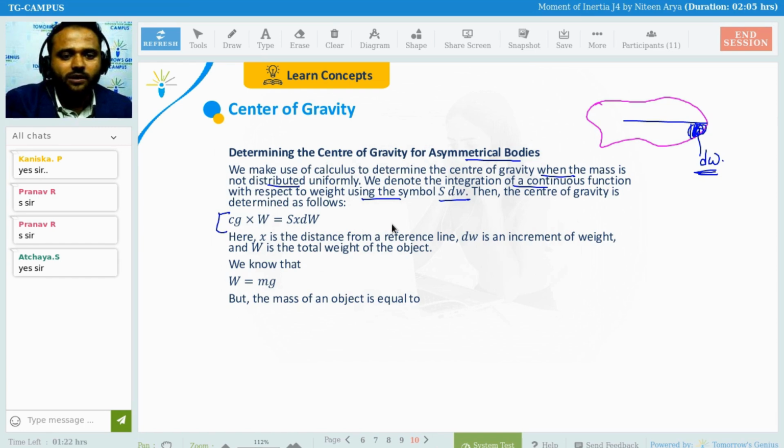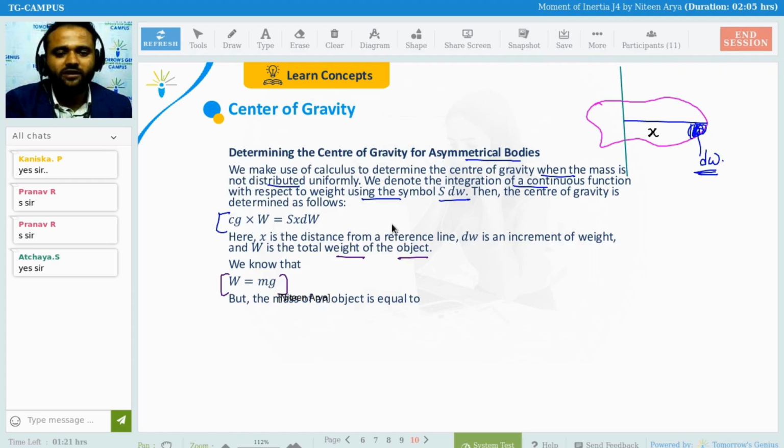So this x is basically the distance, and dW is the increment of the weight. If I choose this small point, I can make it larger and cover the complete whole body, and W is the total weight of the body.